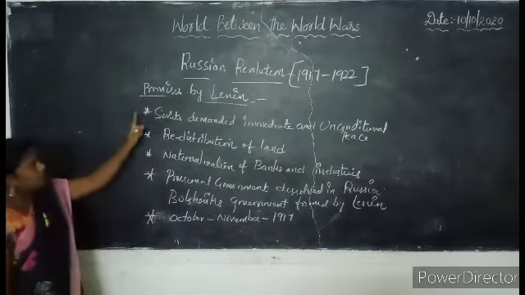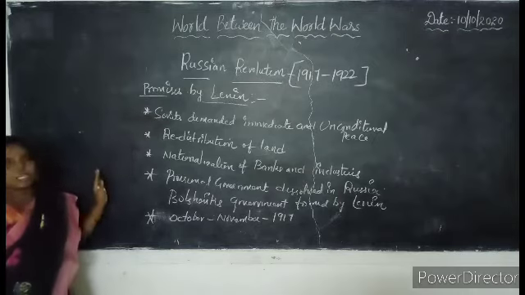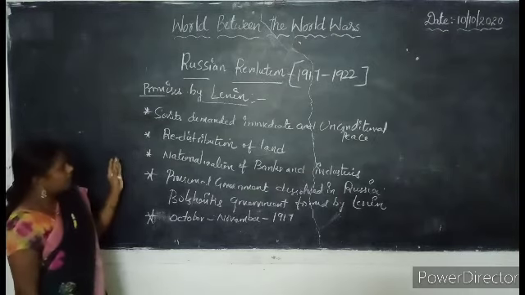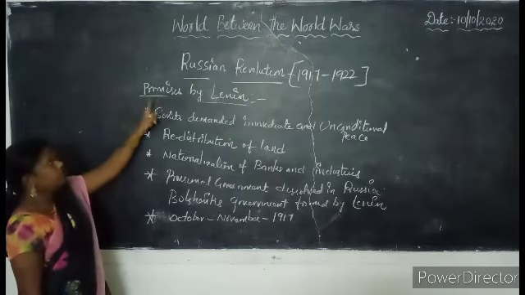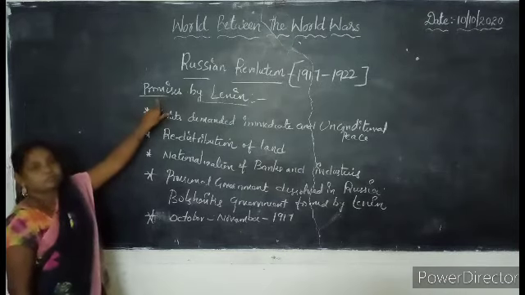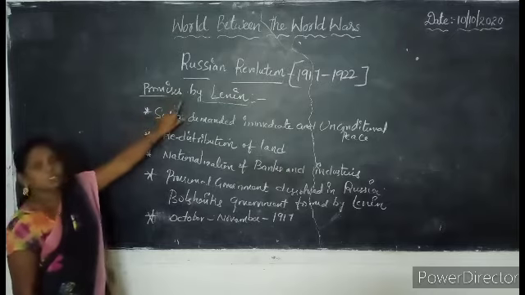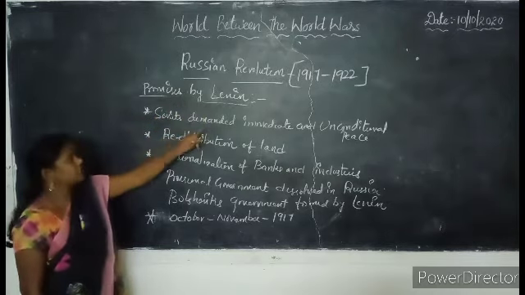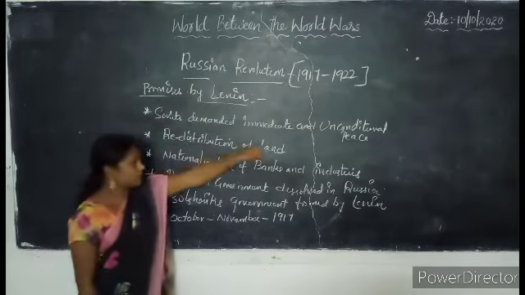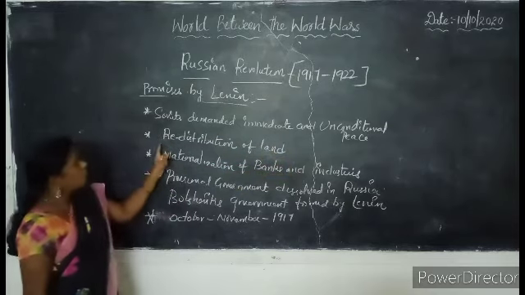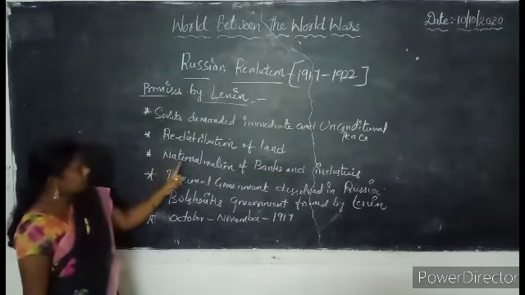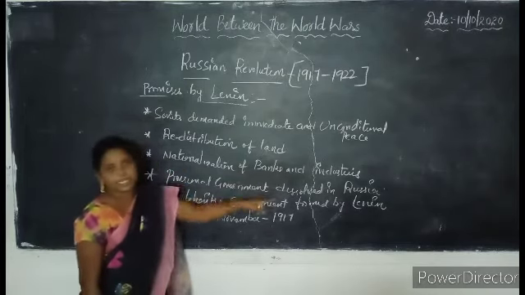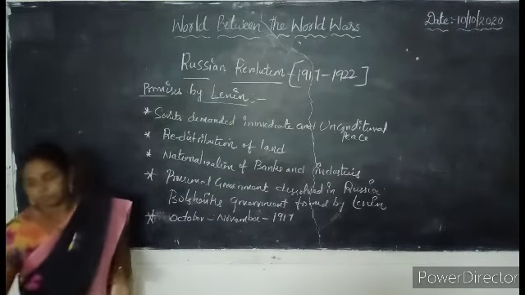So these were the promises by Lenin. But has Lenin maintained his promises to his people in Russia? Has he given the unconditional peace, or has he redistributed the land, or has he done the nationalization of the banks and the industries? Let us see.